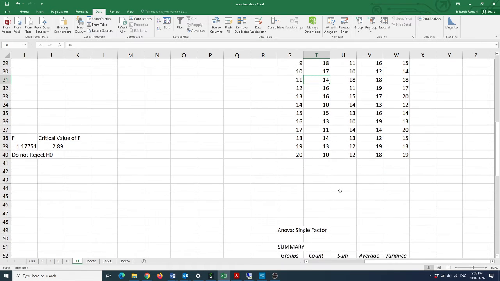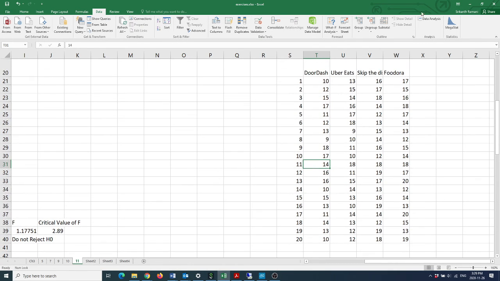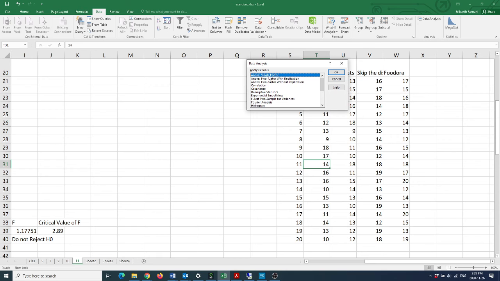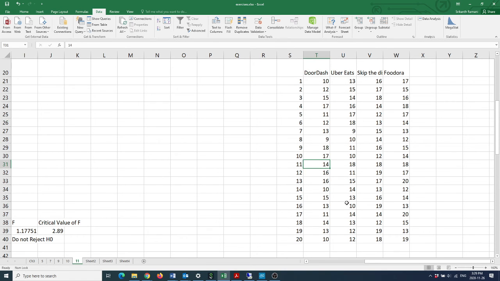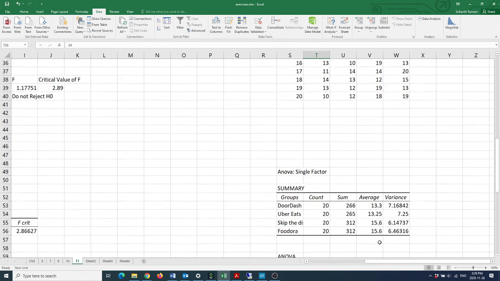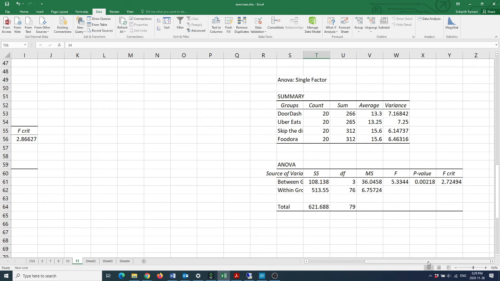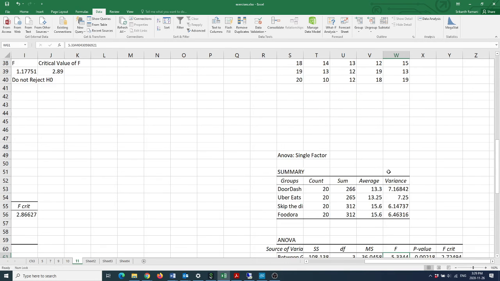So based on this, I ran another data analysis, ANOVA single factor, and selected all these observations, and the results are given over here. So the results for these observations: you have 20 observations, the averages and variances are found, and you have the sum of squares between groups and within groups. And here you find that the F statistic is 5.33, at least based on these extra observations.